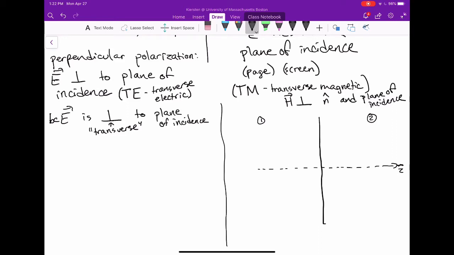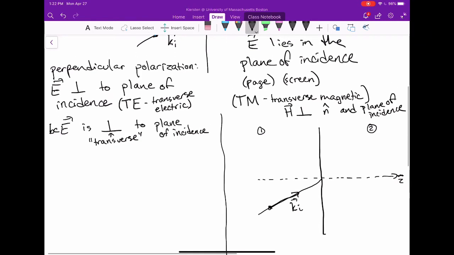My incident wave has this wave vector ki, and so far that's all I've been drawing. But I can draw the electric field now because I know that the electric field lies in the plane of incidence. So I need a vector that is perpendicular to ki and in the plane of incidence. And that leaves me two choices.